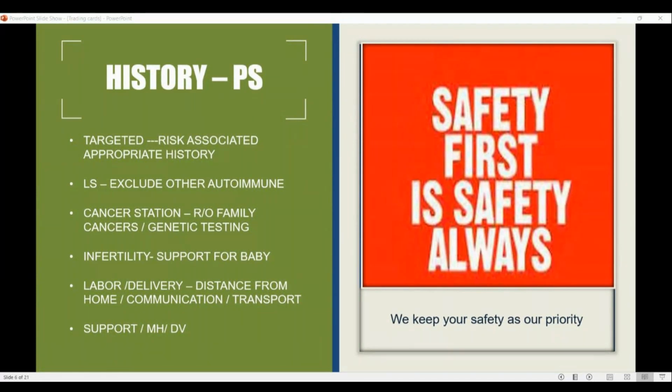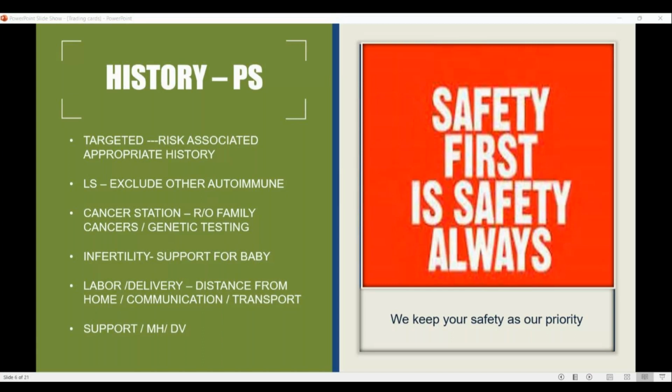In Graves' disease, you will be checking her for tremors, any protruding eyes, or any palpitation or racing heart. So this kind of history about the disease control is targeted history. That kind of targeted history is very very important.